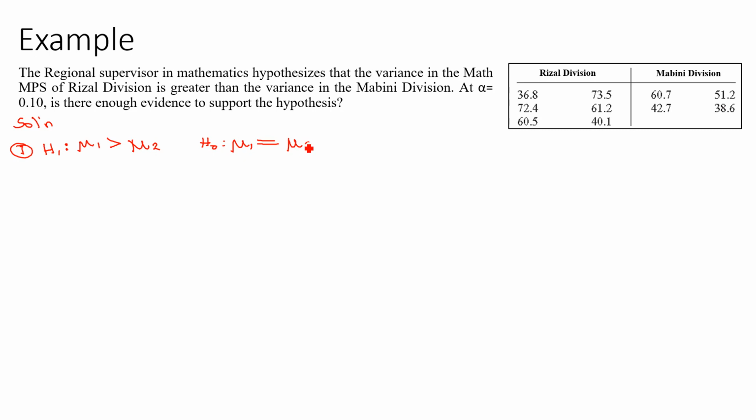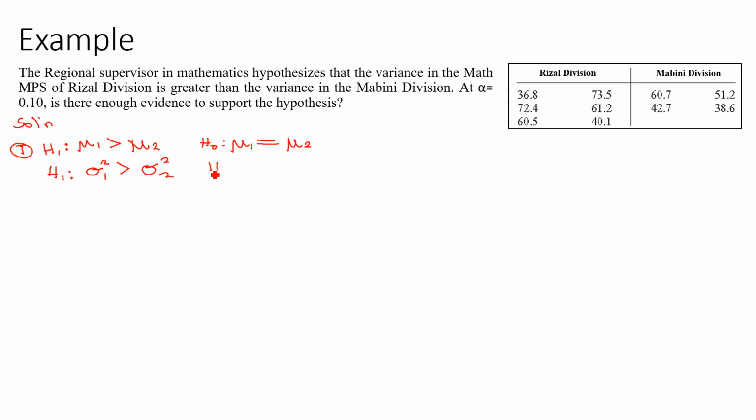But take note, since the problem here is variance, our real hypothesis would be from the alternative: the variance of the Rizal division is greater than the variance of the Mabini division.